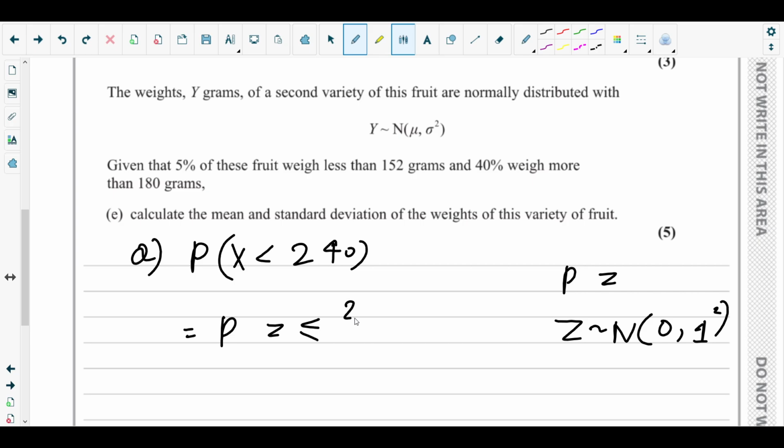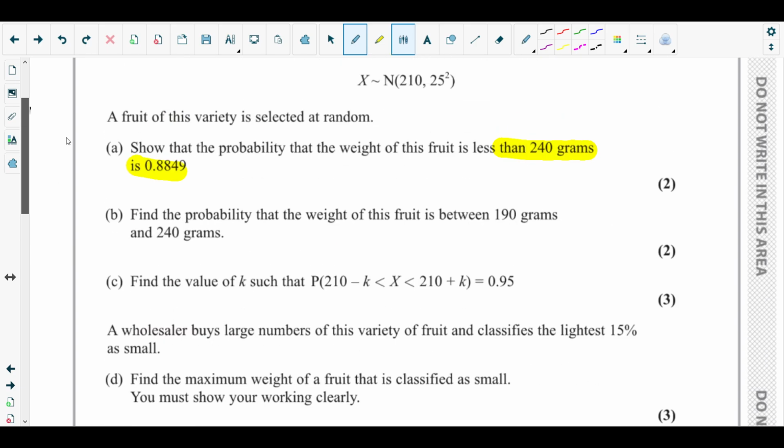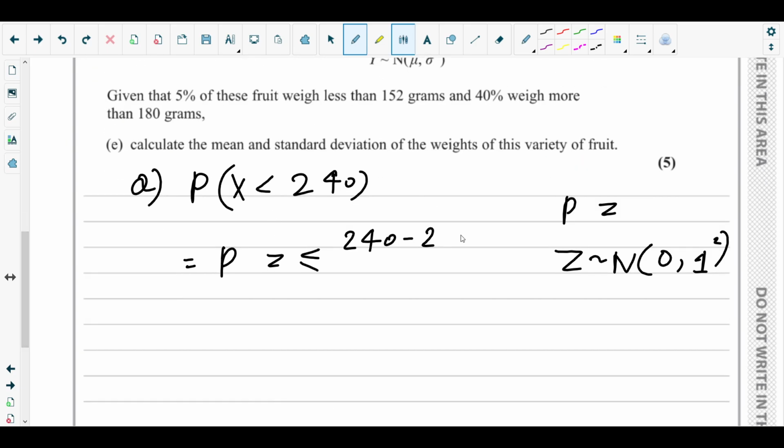For standardization we need 240 minus the mean. The mean of this data is 210, over the standard deviation, which is 25 in this case.